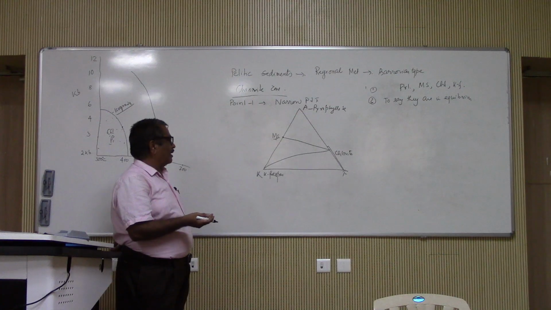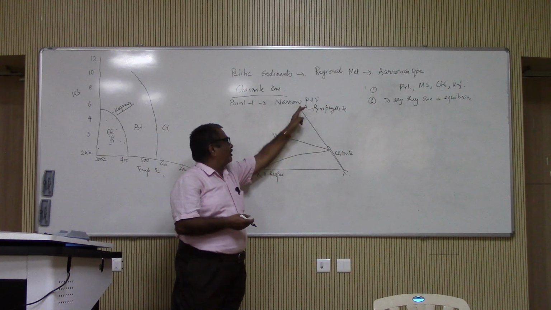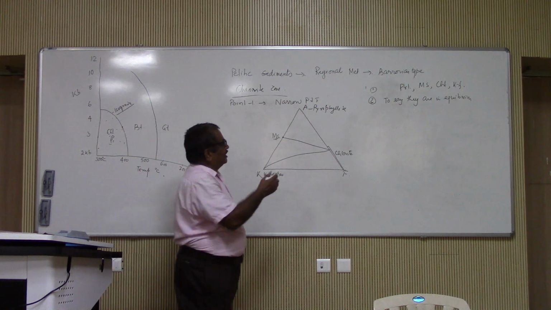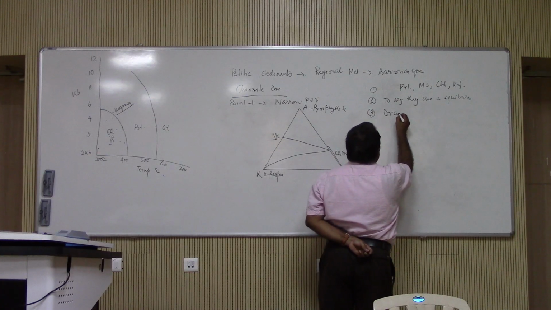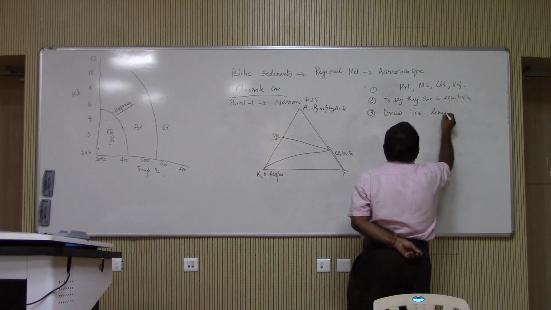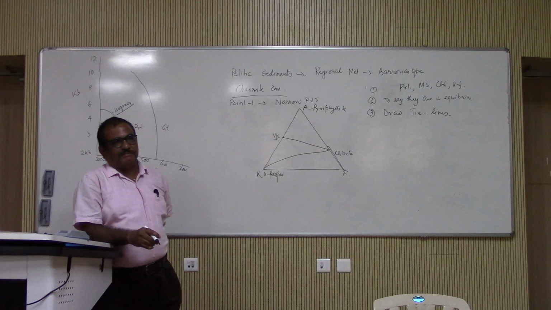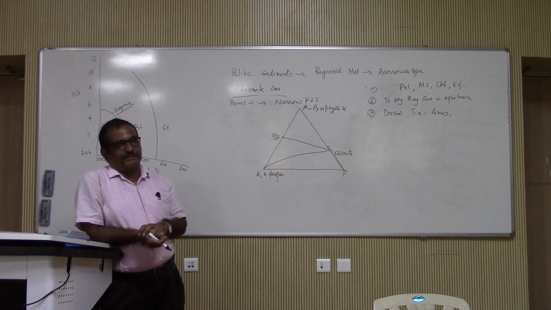Muscovite to chlorite, chlorite to potash feldspar. Others are joined. Muscovite, this is joined, this is joined, this is joined. So these are the tie lines. Draw tie lines, to say they are in equilibrium. A tie line is a line which joins equilibrium phases.